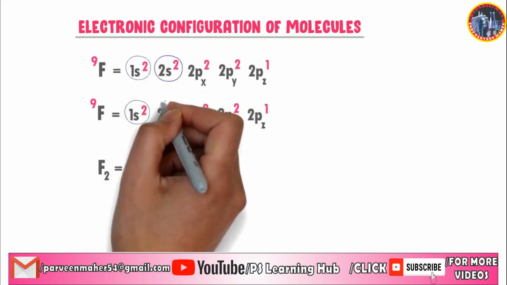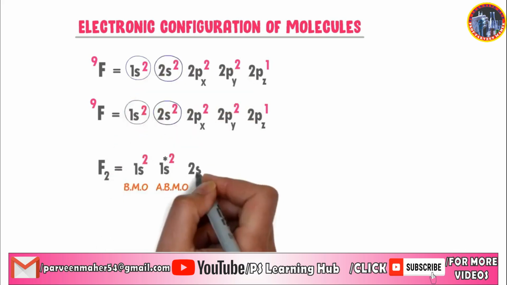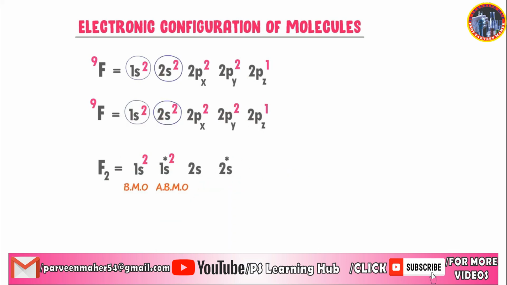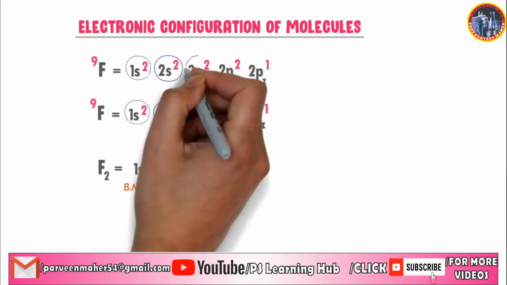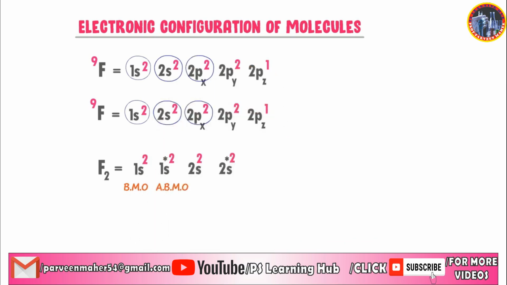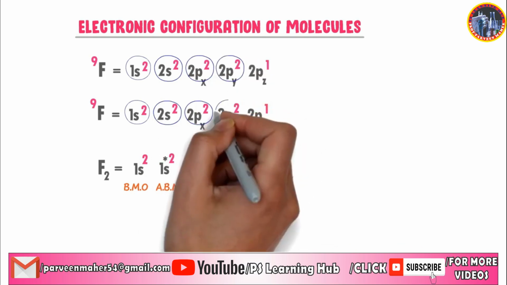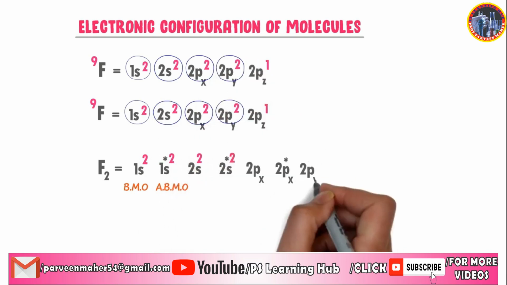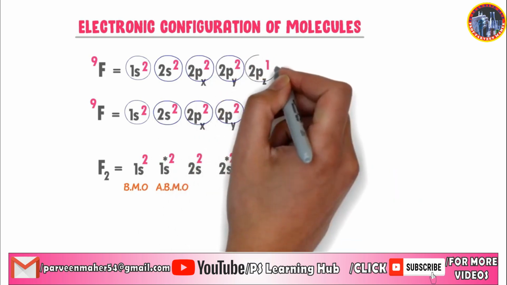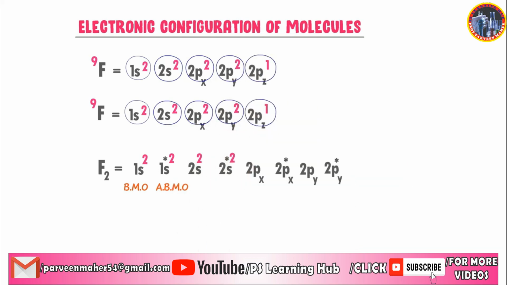Similarly, 2s atomic orbitals will overlap to form 2s molecular orbitals. 2 electrons are placed in this bonding molecular orbital and 2 electrons are placed in this anti-bonding molecular orbital. 2px atomic orbitals overlap to form 2 molecular orbitals. 2py atomic orbitals overlap to form 2 molecular orbitals and 2pz atomic orbitals overlap to form 2pz molecular orbitals.